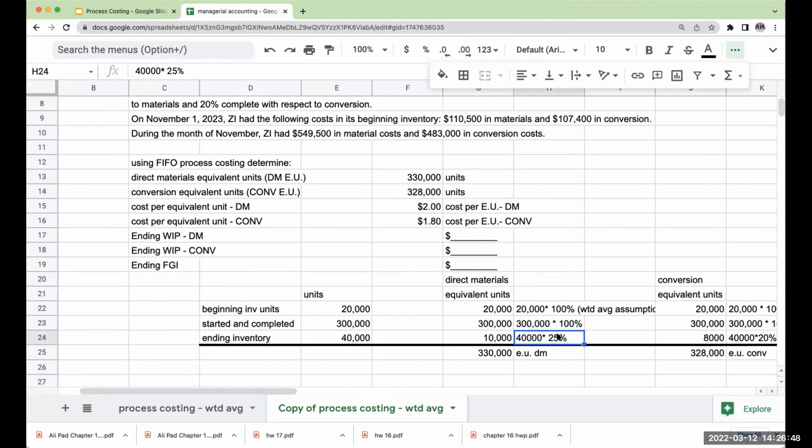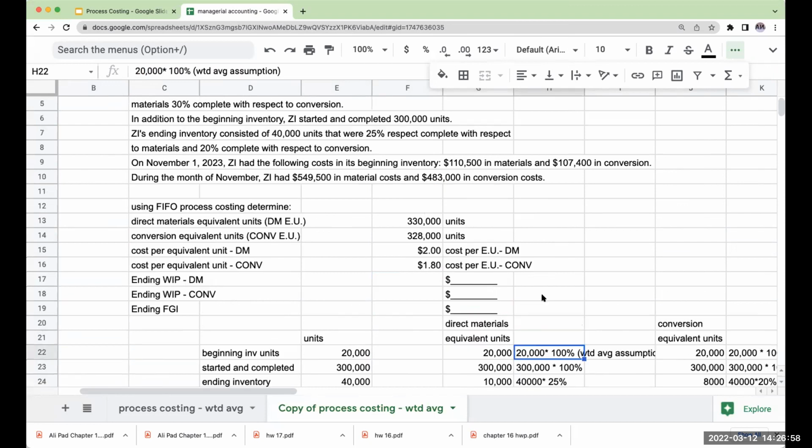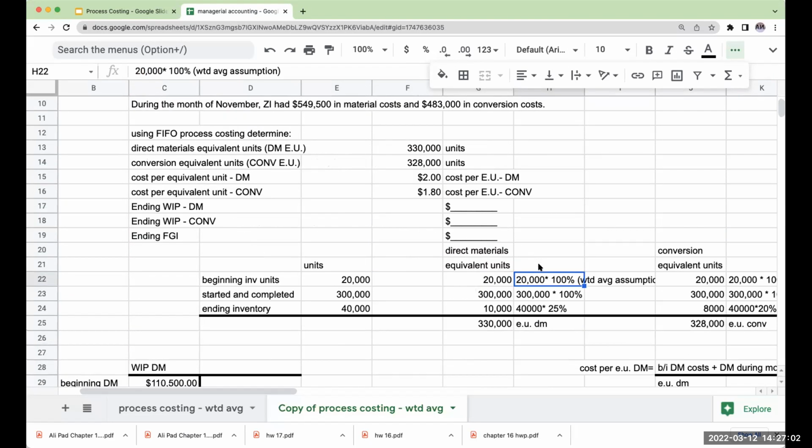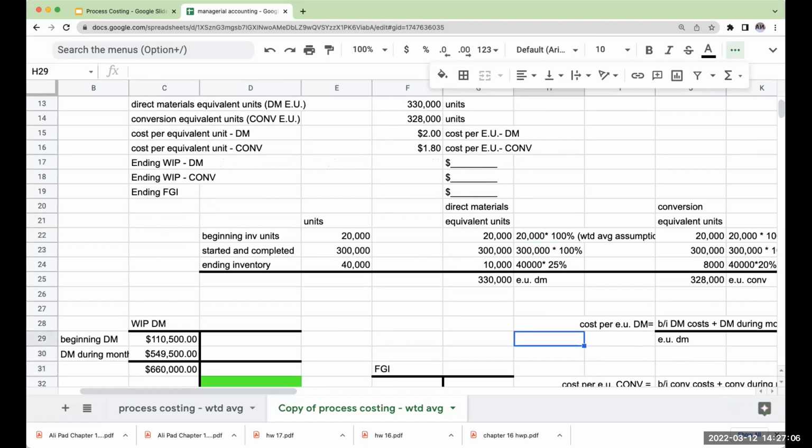But in weighted average, I'm making an assumption that the beginning inventory was 100% completed during the period. So that's why I disregard the beginning inventory percentages when it comes to weighted average, and I assume it's 100% complete.